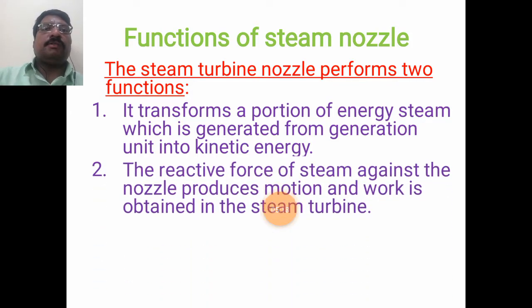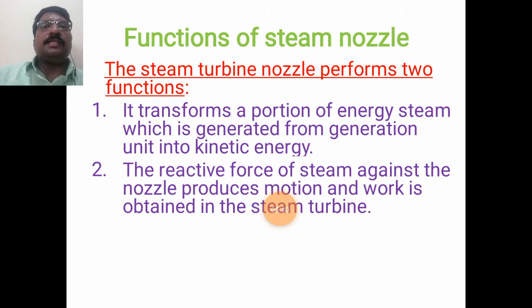Next, the reactive force of steam against the nozzle produces motion, by which work is obtained in the steam turbine. As I said, the nozzle produces a high jet of steam that is passed to the turbine, and this high jet of steam hits the turbine blades.